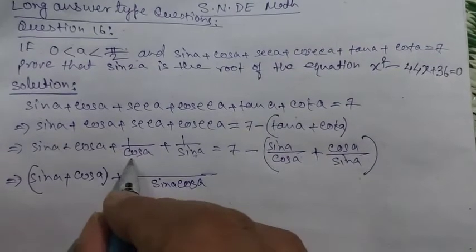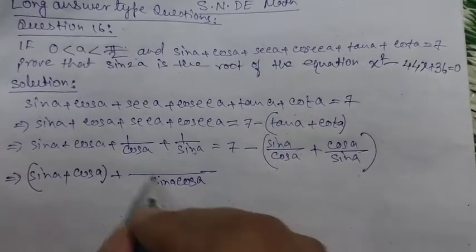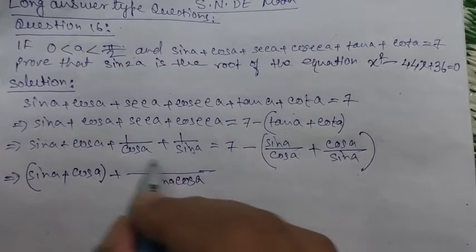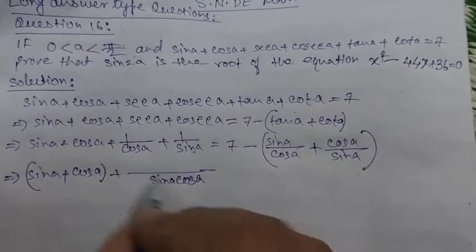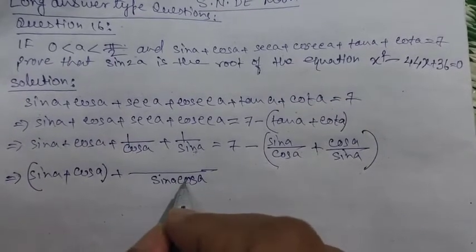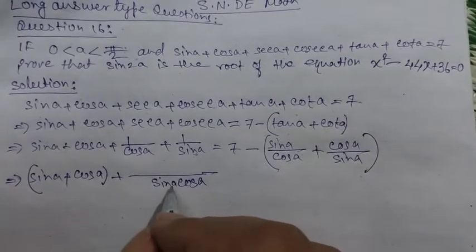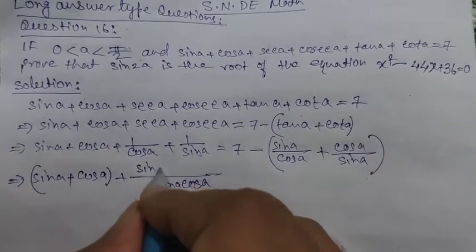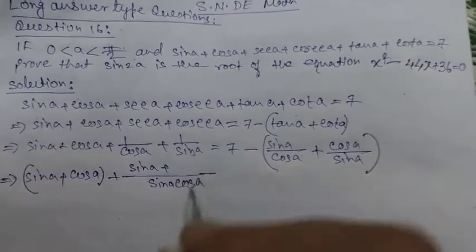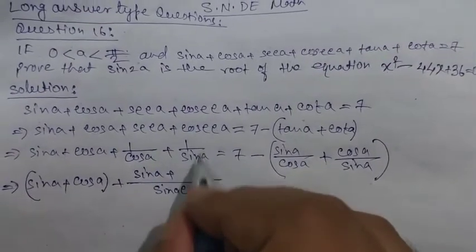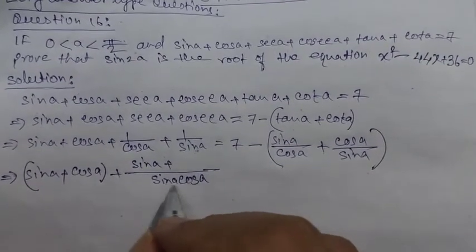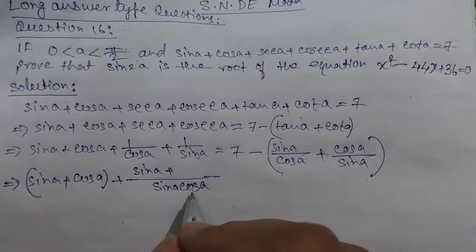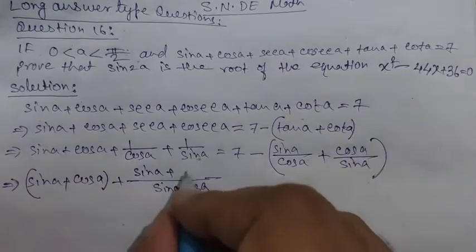Here cos a is there, so after dividing, first we divide sin a cos a by cos a, cos a gets cancelled and sin a remains, so sin a will be multiplied with 1. Here we will write sin a. In a similar way we follow for this term: we divide sin a cos a by sin a, sin a is cancelled and we get cos a, so cos a will be multiplied with 1.